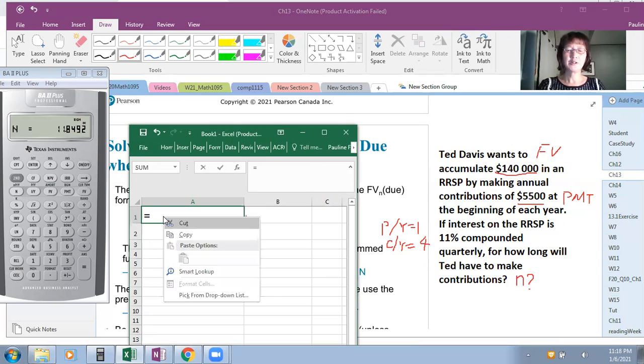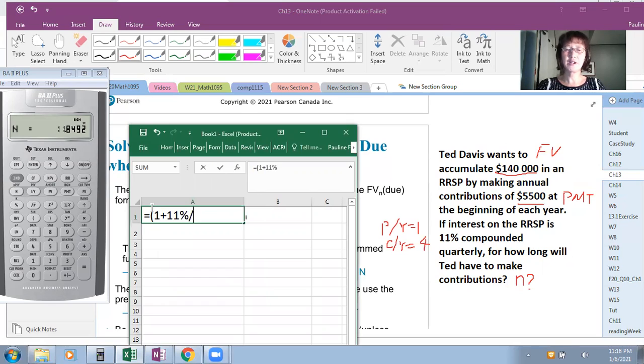So P equals 1 plus I, 11% compounded quarterly divided by 4, raised to power C. C equals CY over PY. CY is 4, PY is 1, then minus 1.